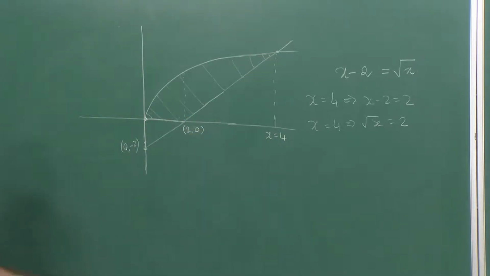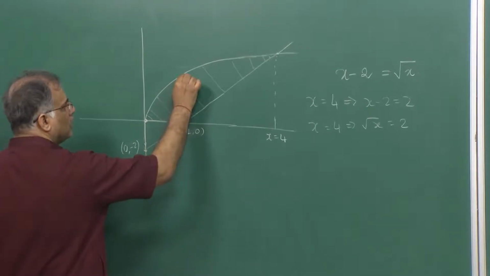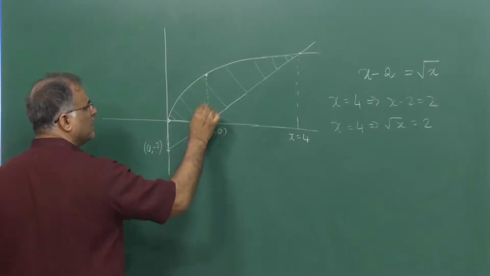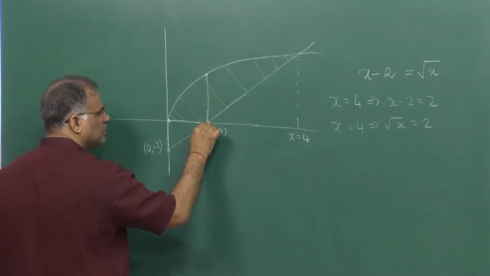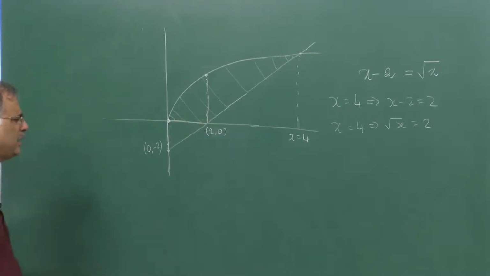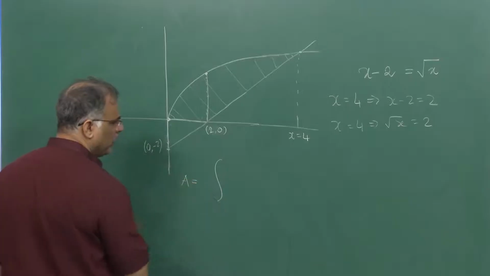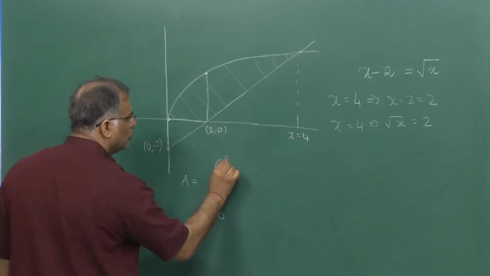But people will make a division. What division will they make? People will divide like this. First they will say, okay, take the area of root x from 0 to 2.